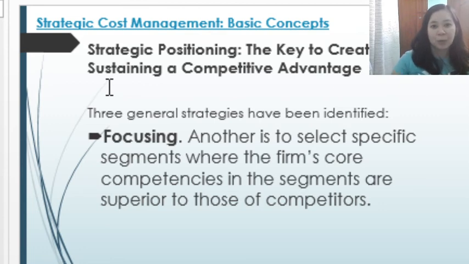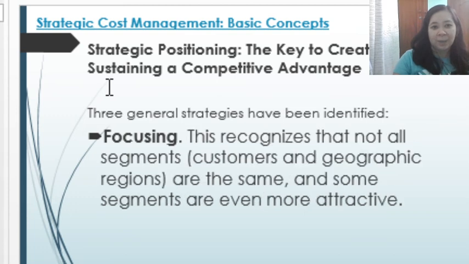Okay, so you should not focus on those segments which you think you are weak and you don't have any opportunities. Okay, so this also recognizes that not all segments, the customers and geographic regions are the same, and some segments are even more attractive.